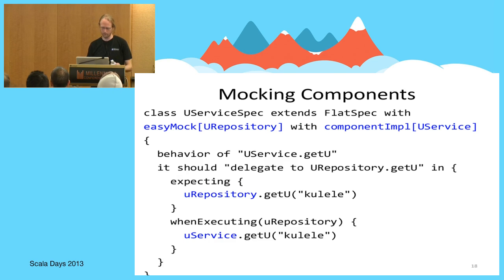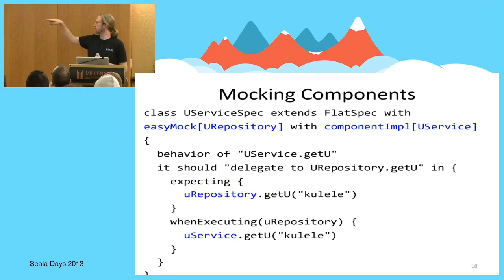Mocking components is sort of the same idea. And I'm going to write a spec for my U service class, where I'm going to do expectation-based testing. So I want a mock object for my dependency. I want a mock U repository, and I want the default implementation of my U service.